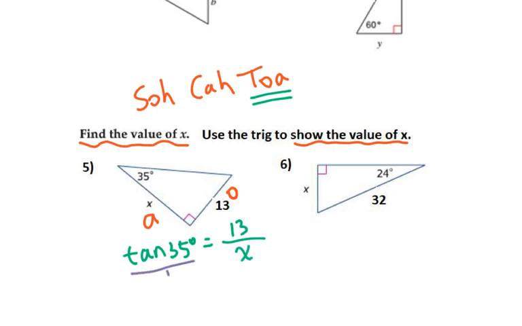So we put this is over 1. We do cross multiply. Then x will be, same line go to denominator, get the 13 over tangent 35 degree.